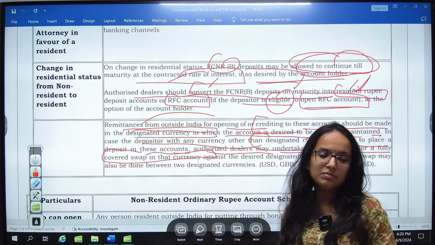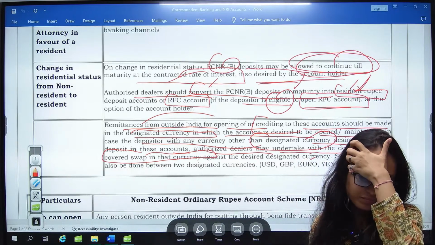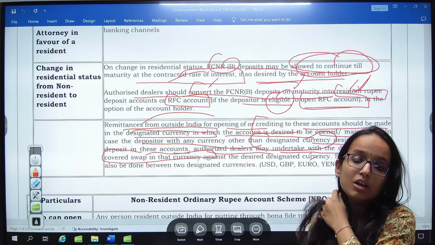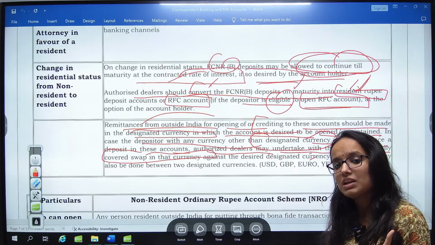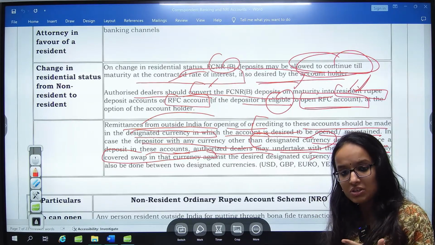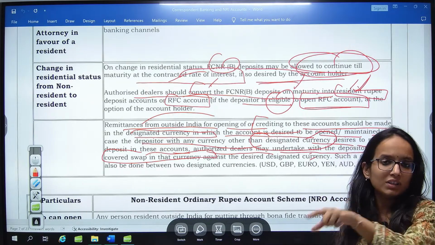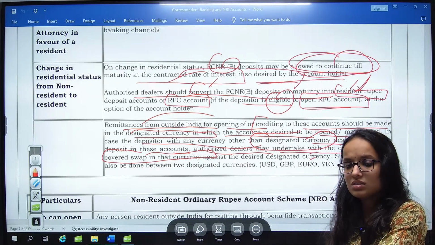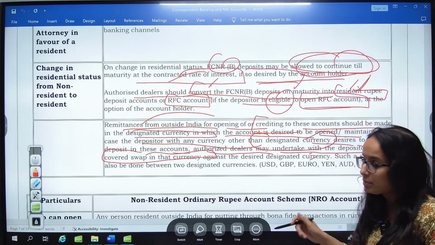Then you can avail the facility of currency swap. What is currency swap? Currency swap means you exchange the interest and sometimes principal as well, at the given rate for the other currency, right? This is currency swap. So you can avail that facility, and that can be done by the authorized dealer.